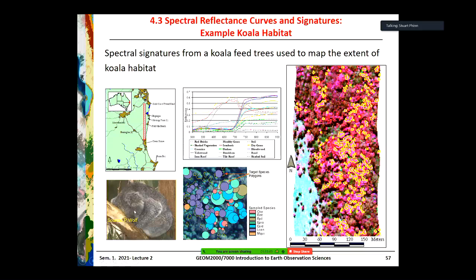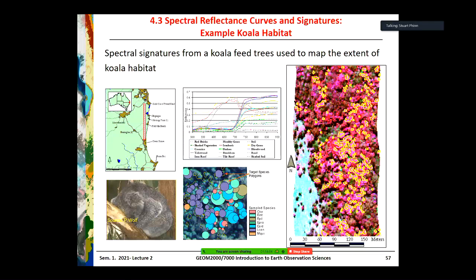It's an area where there's a high density of koalas in coastal forests, and we're working with a number of organisations that basically said, look, we know which eucalyptus species the koalas are actually feeding on, but also spending most of their time in.